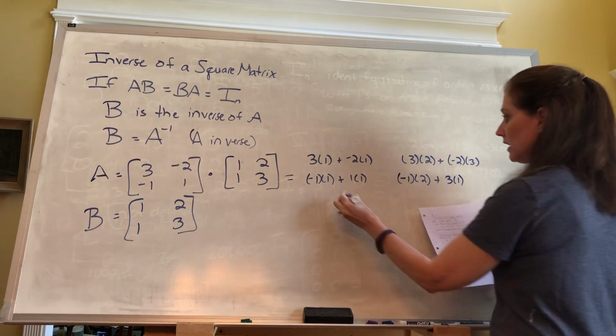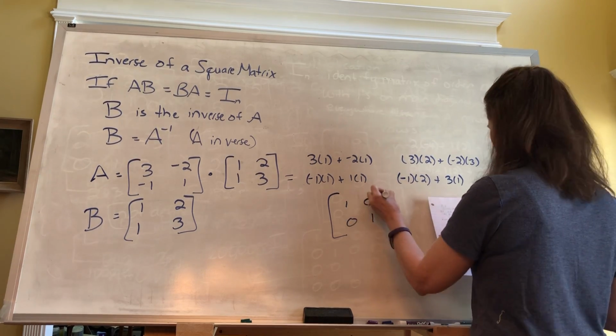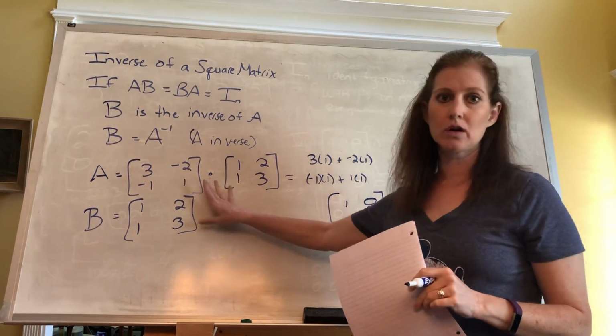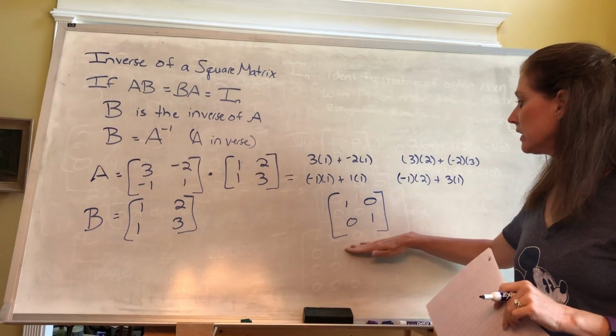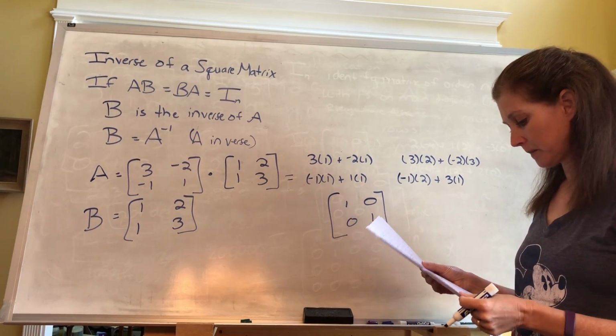So when we add all that up, we get 1, 0, 0, 1. And so yes, A and B are inverses of each other because we get the identity matrix when we multiply them together.